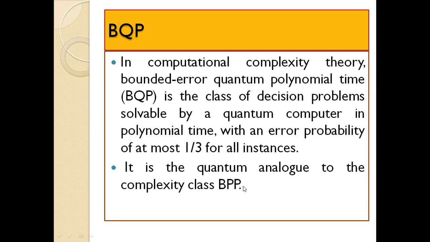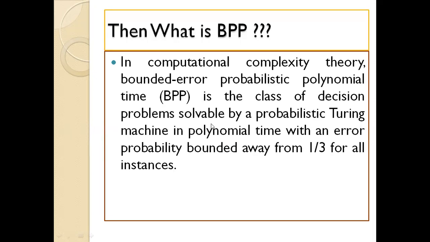It is the quantum analog to the complexity class BPP. So remember, BQP stands for bounded error quantum polynomial time. Here we deal with decision problems solvable by a quantum computer in polynomial time with an error probability of 1/3 for all instances.